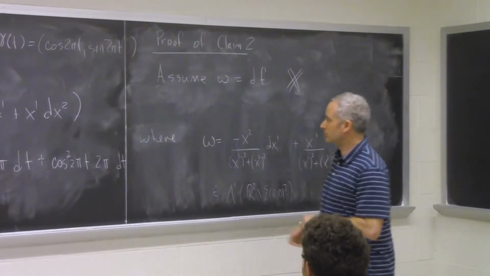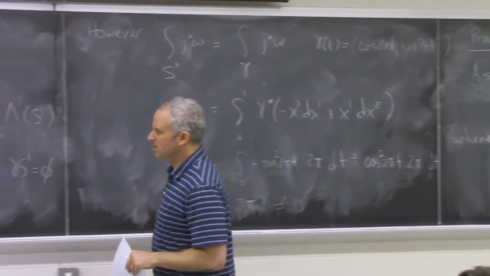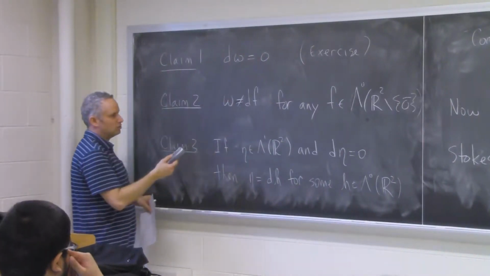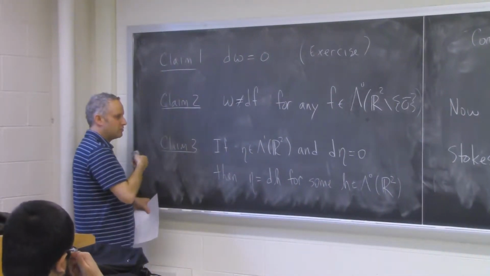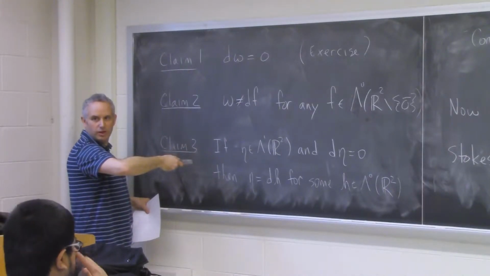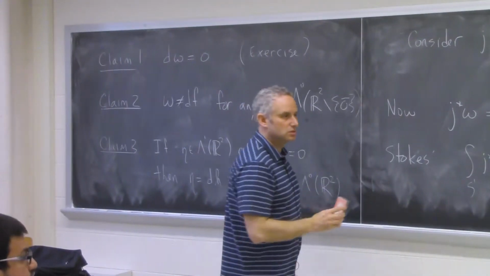OK? All right. Any questions? All right, so it remains for us, in order to prove that the plane is not diffeomorphic to the punctured plane, to prove claim 3. OK? All right. Questions?